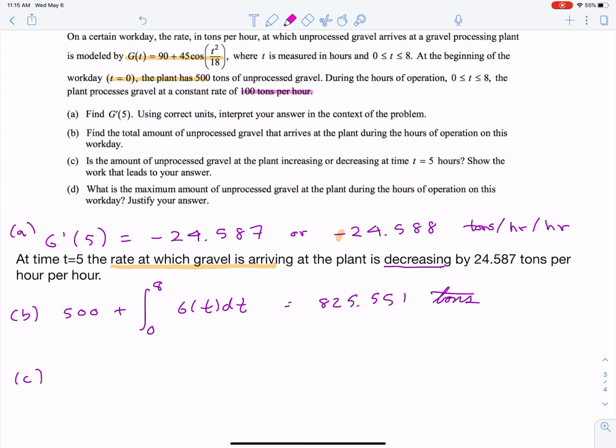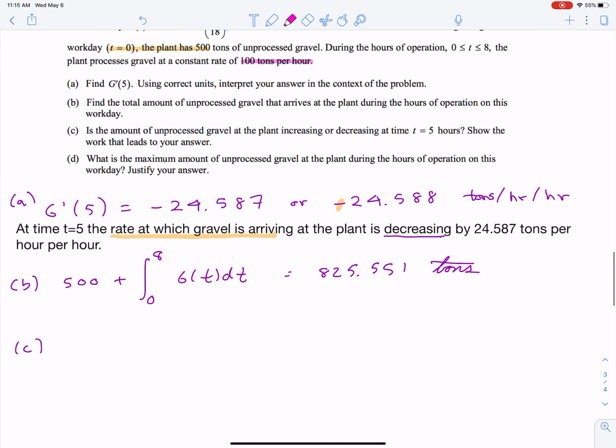On the other hand, if it's less than that, for example, if 50 tons are entering but it's being processed at 100 tons per hour, then the amount is decreasing, because you can imagine the pile slowly shrinking. So basically what I want to know is whether the amount entering is greater than or less than the amount leaving.